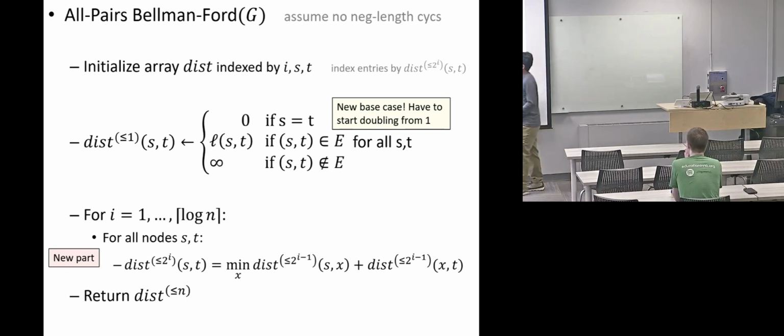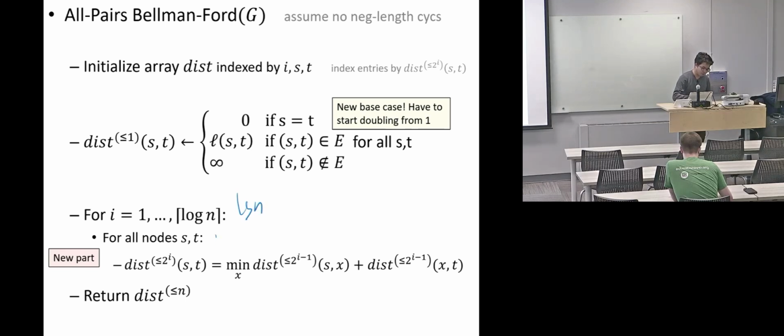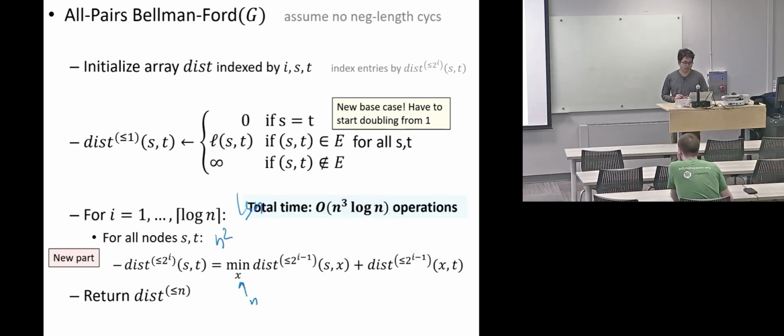There's a log n factor here, and an n squared factor because we loop through all pairs. But to compute just this cell, we need to loop through all x. So in total, multiplying them up, you get n cubed times log n.